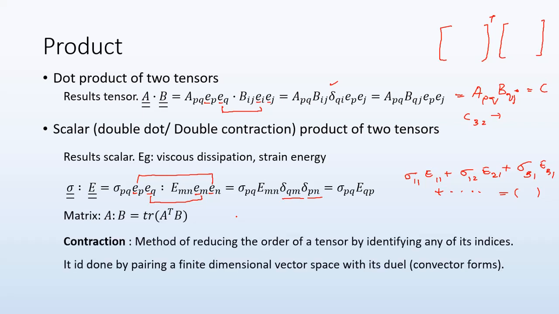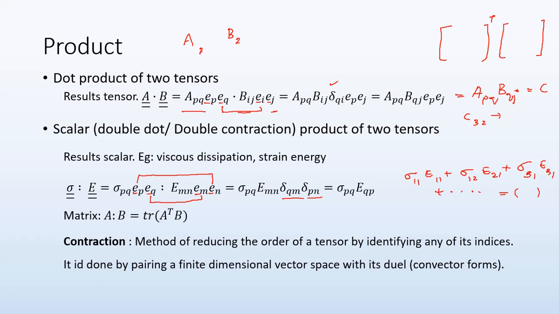So let me introduce the term contraction to you. Here you have seen that you have a tensor and you have reduced it into a scalar. Similarly, look over this expression. Here in this expression, you have 4 different indices. A has a rank 2 and B also has a rank 2.